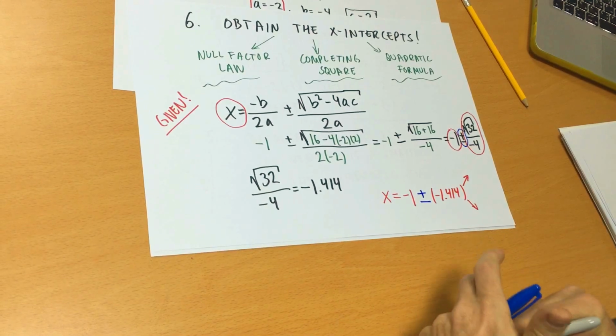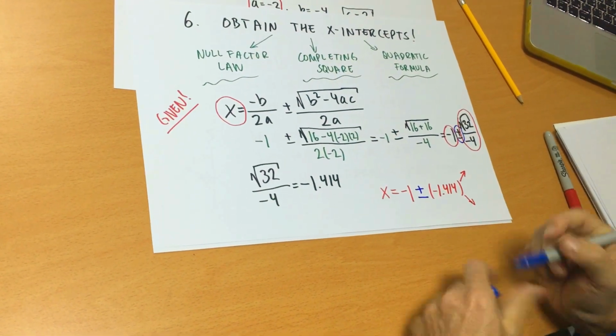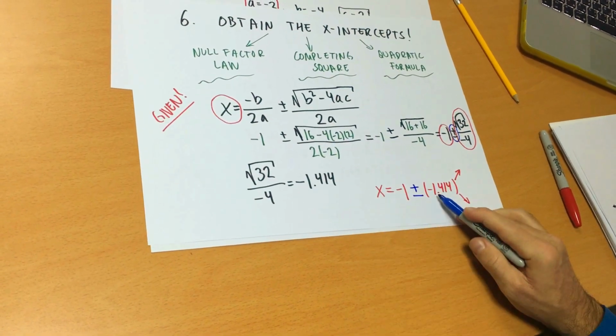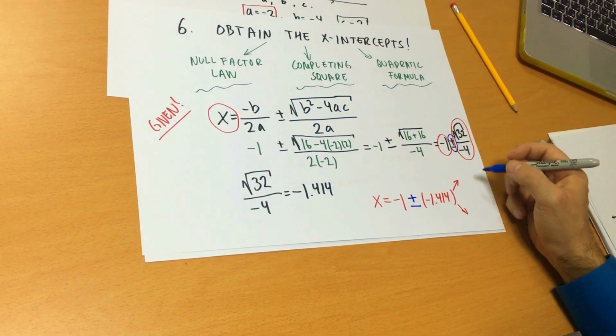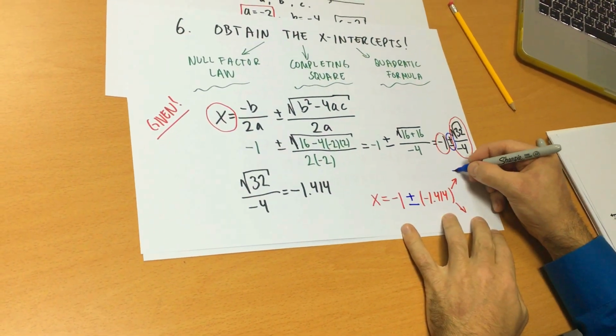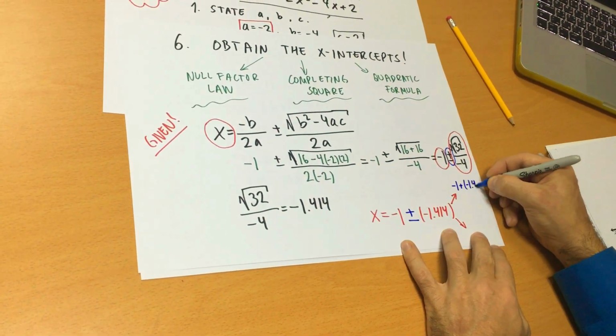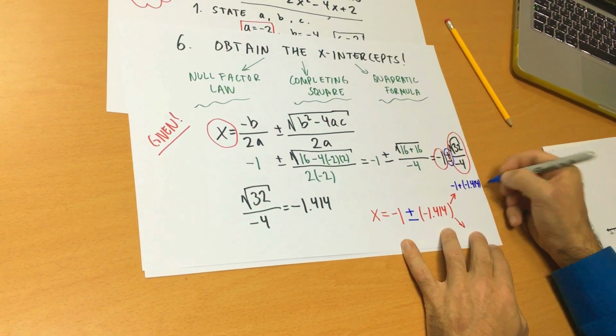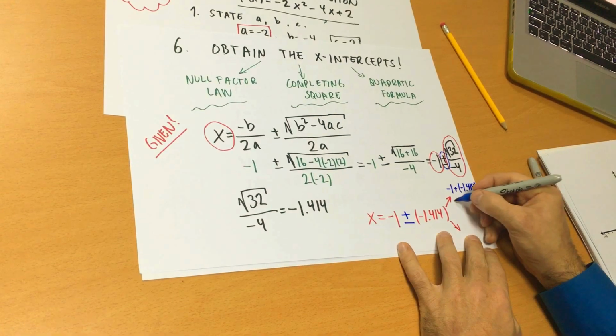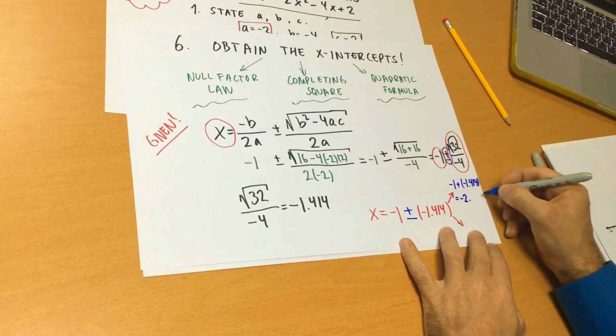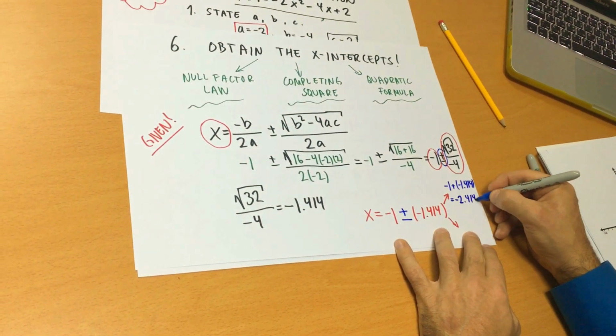The plus solution gives me negative 1 plus negative 1.414, which is equal to negative 2.414.